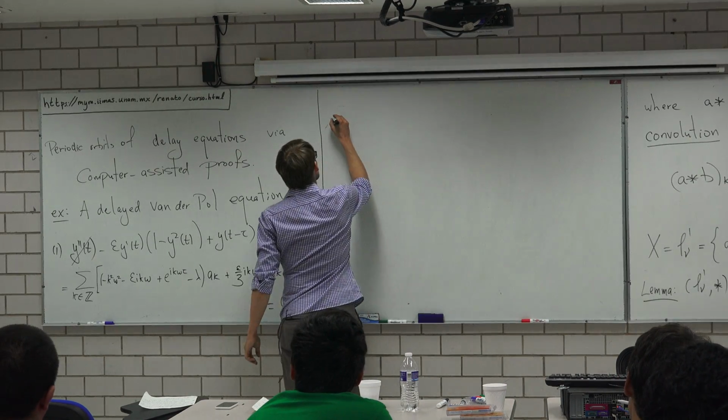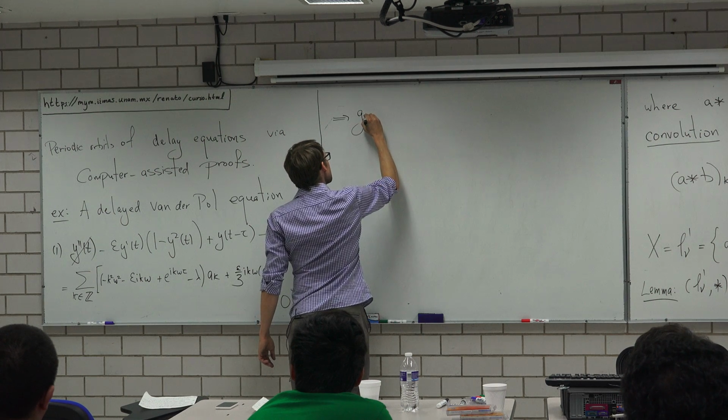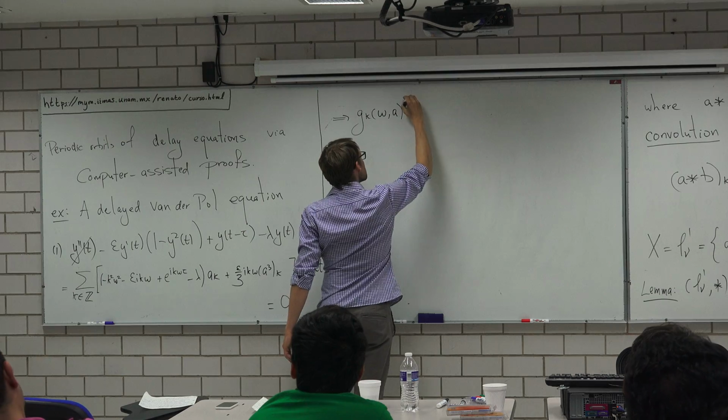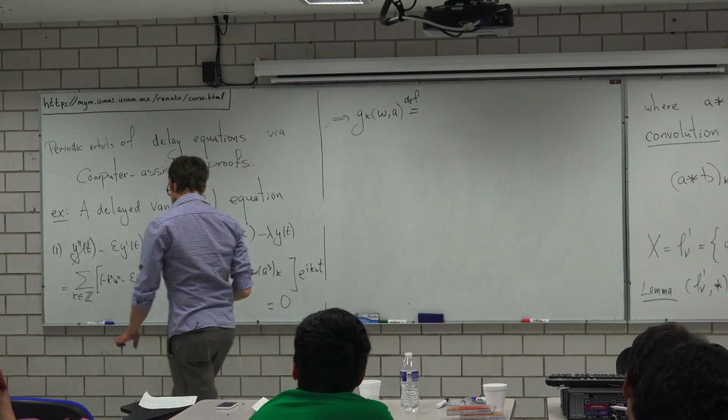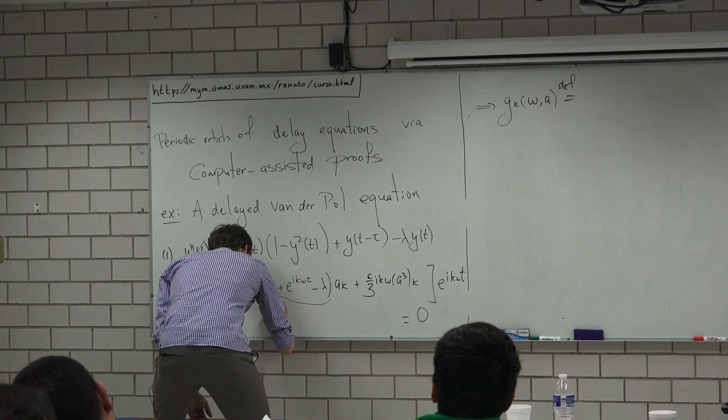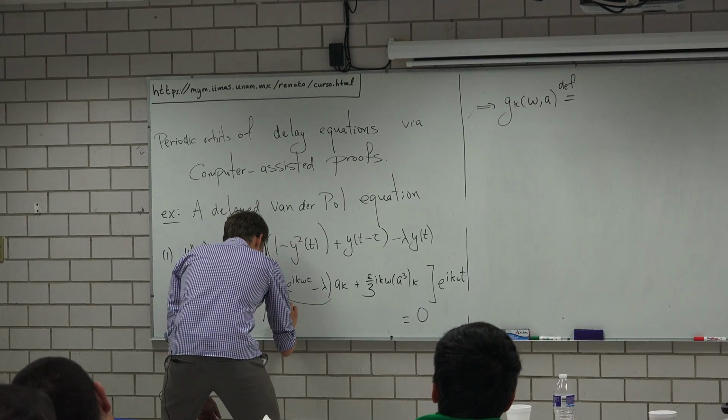Okay, so what I want is g sub k of omega and a, by definition. I'm going to define this by mu sub k of omega.